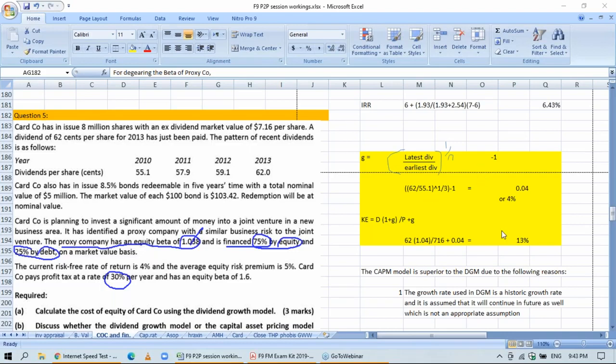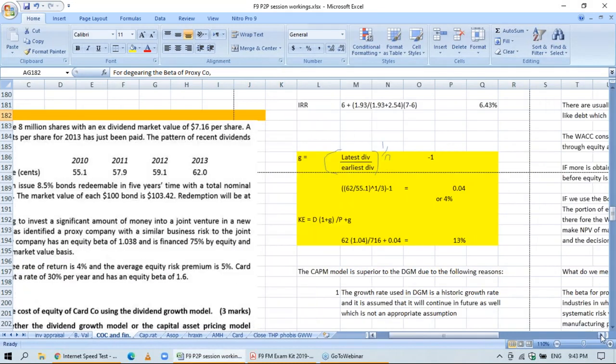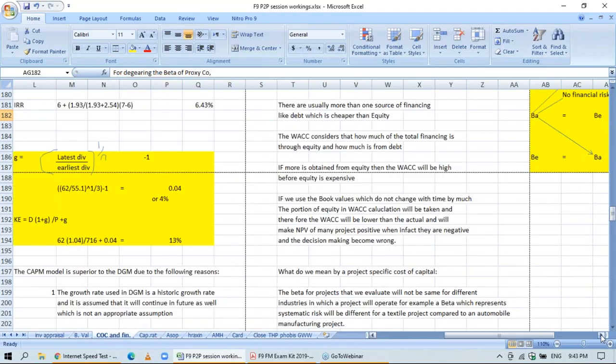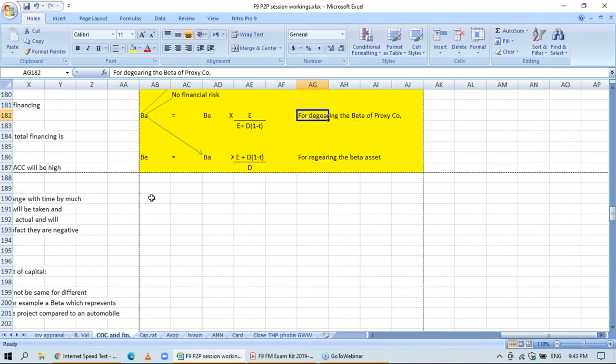Let's check. So calculating the beta asset.